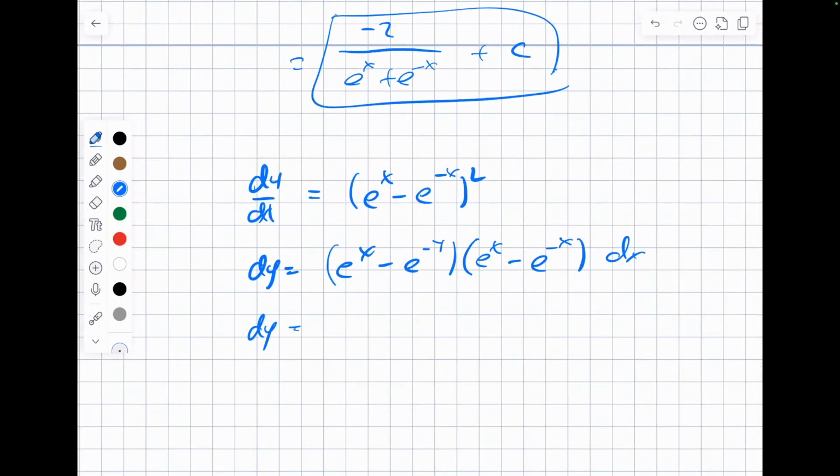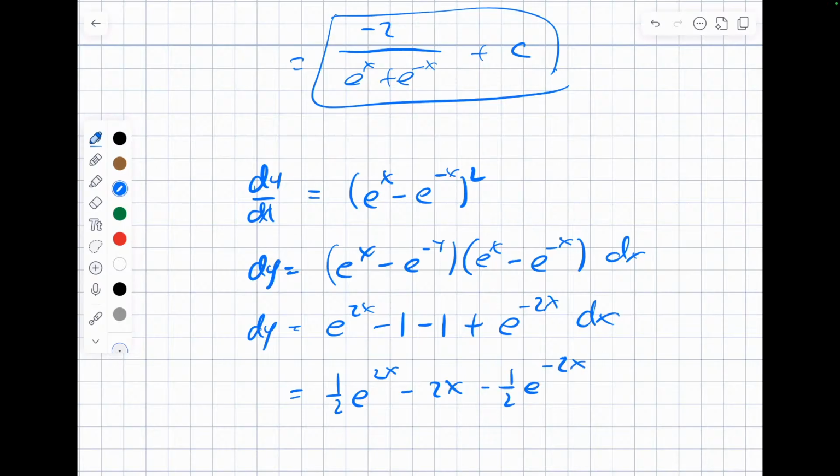So dy is equal to e to the 2x, because e to the x times e to the x is e to the 2x, minus 2, and then plus e to the -2x dx. The integration of this is 1/2 e to the 2x minus 2x, minus 1/2 e to the -2x plus c.